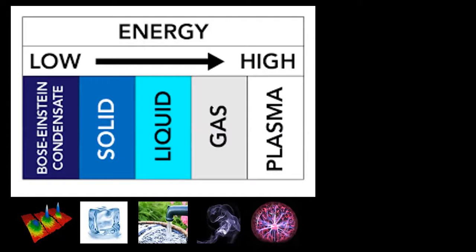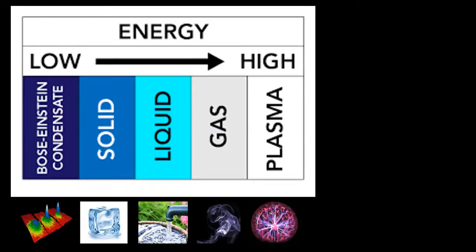There are more than these 5 states of matter. Many of these states are subdivided or are found in extreme situations of pressure or temperature. We'll talk about those later on.